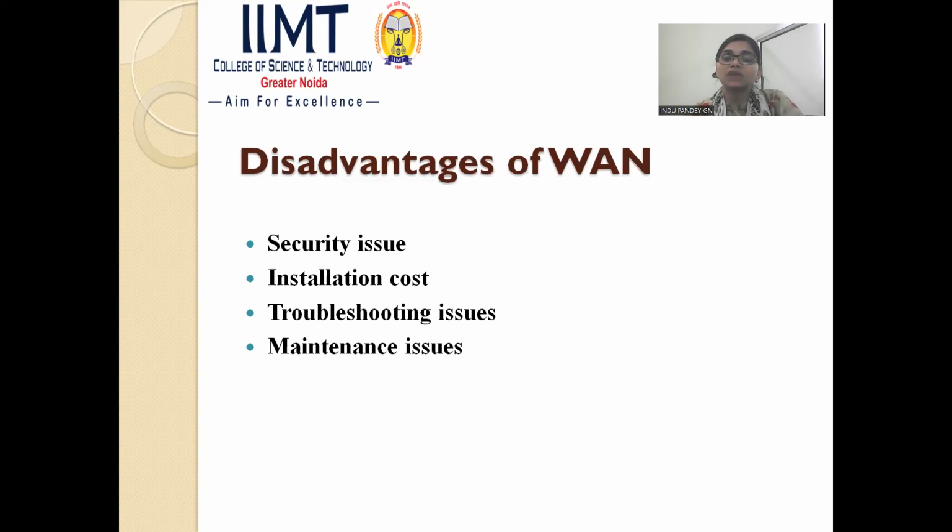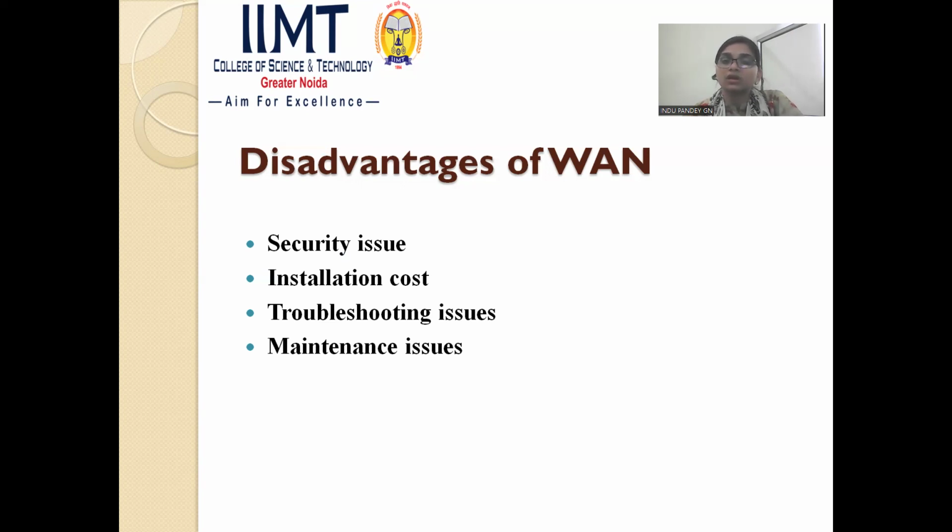Coming to the disadvantages of WAN: security issue. As various devices are connected to the network, there may be issues of network security and maintaining the confidentiality of the information. Installation cost: the cost of installation of any WAN connection is very high.